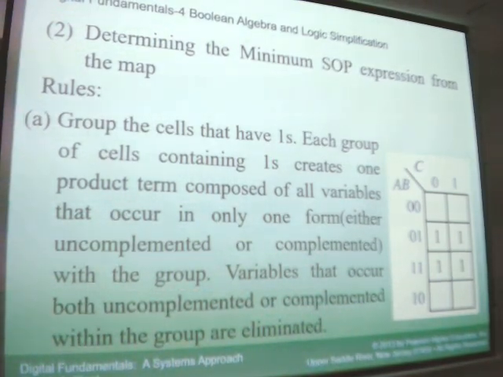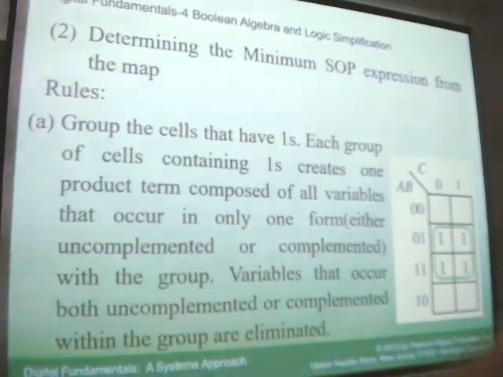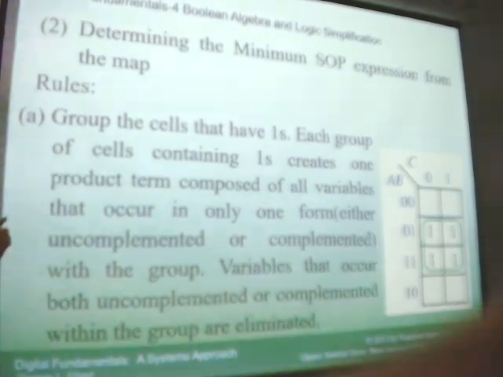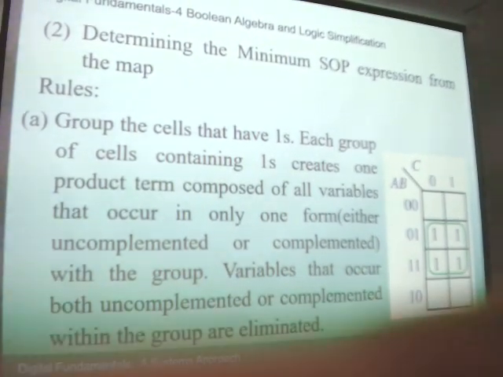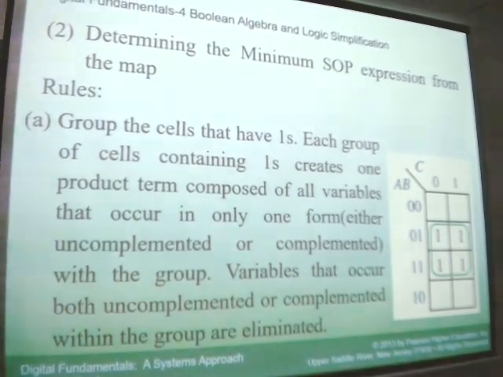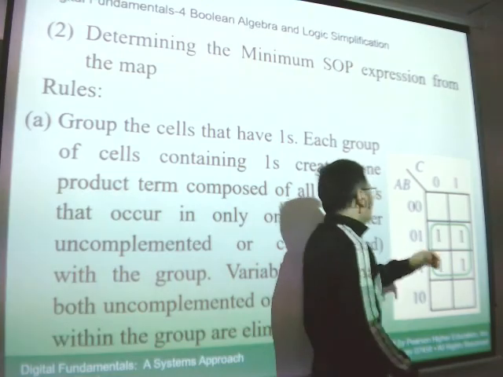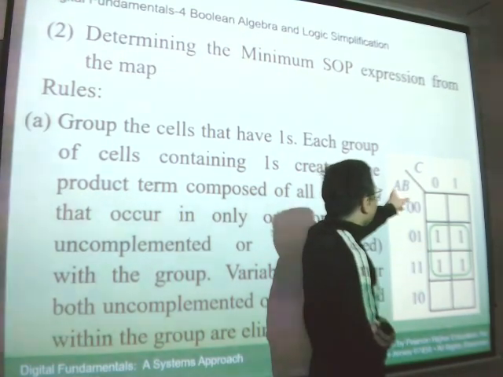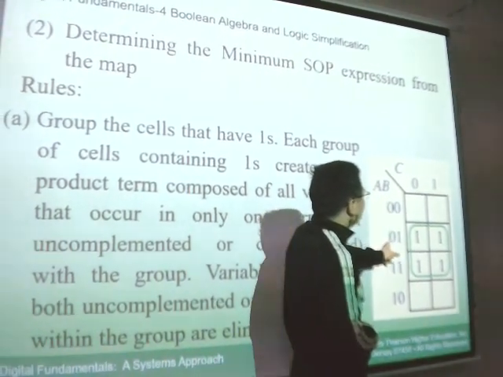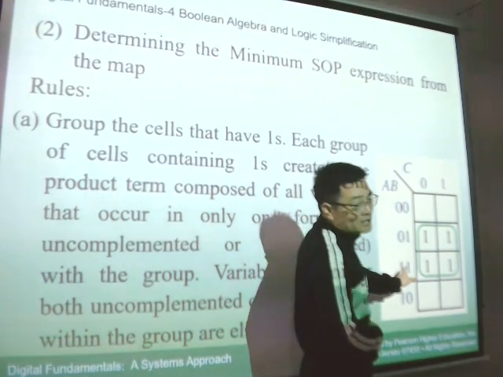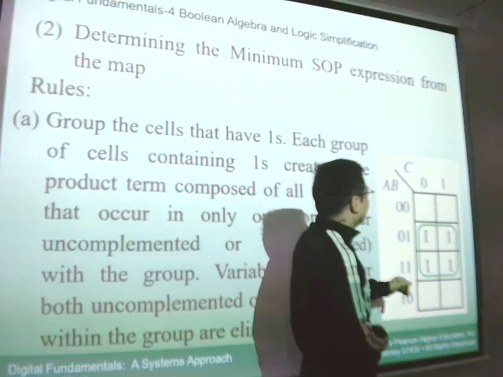So for this group, its corresponding product term is, please see the PPT. For this group, because variable A occurs in 0 and 1, A must be eliminated from the product term.